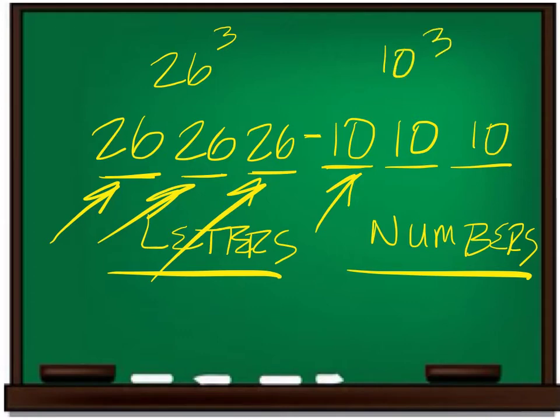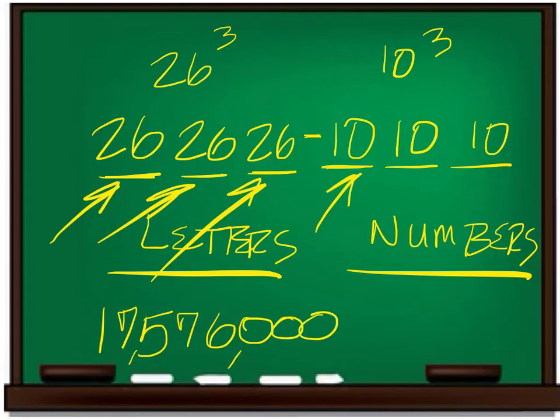We do 26 to the third power, which comes to 17,576, and multiply that by 10 to the third, and the final answer is 17,576,000 different possibilities for license plates.